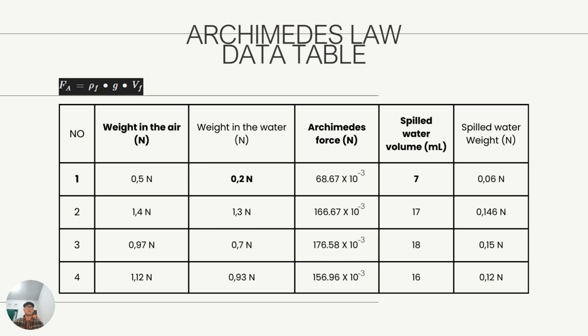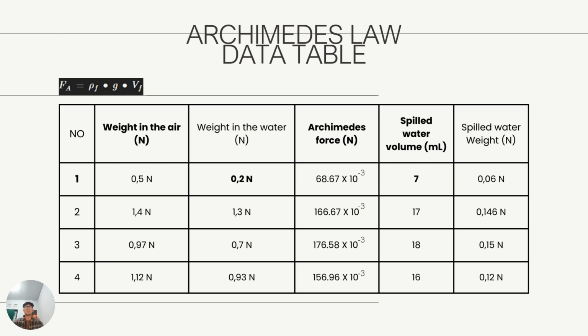Now, for the Archimedes force, we are going to use water. The density of water is 1,000 kilograms per cubic meter. For the first one, 7 milliliters turned into cubic meters is 7 times 10 to the minus 6, times 9.81, times 1,000 kilograms per cubic meter. The result is 68.67 times 10 to the minus 3.